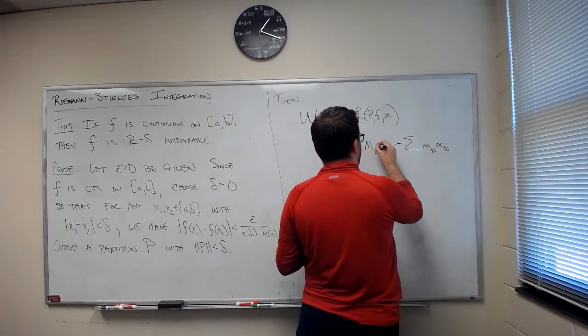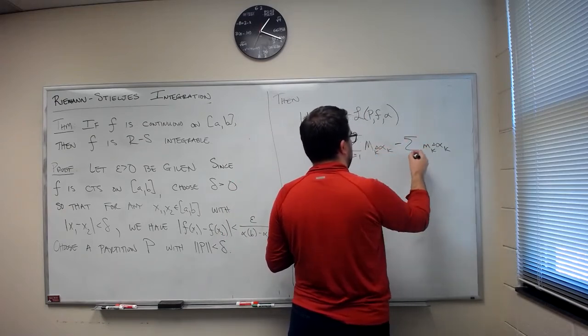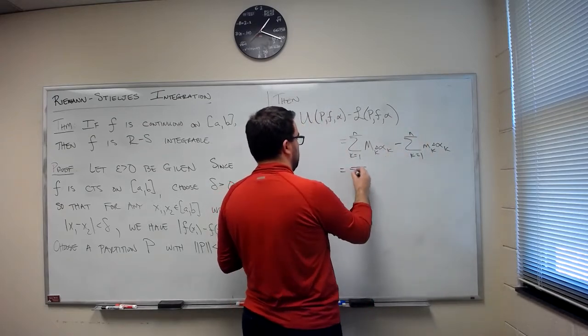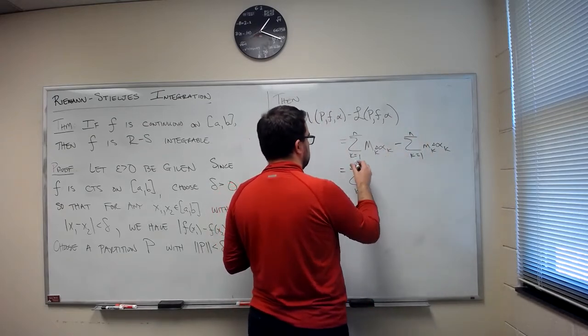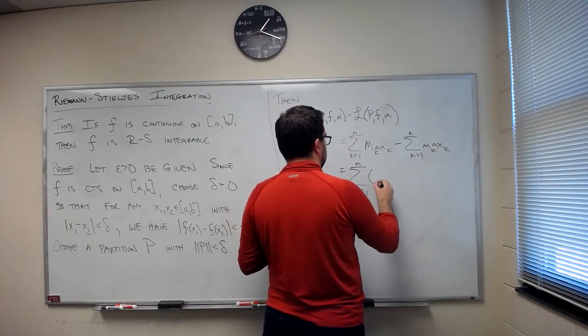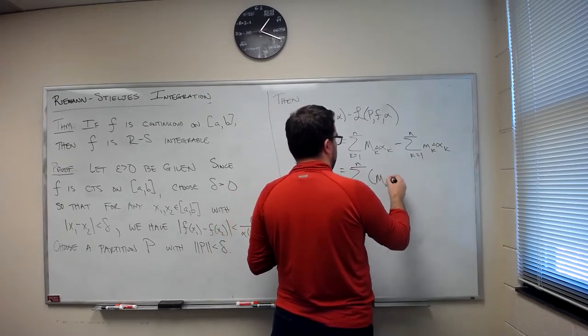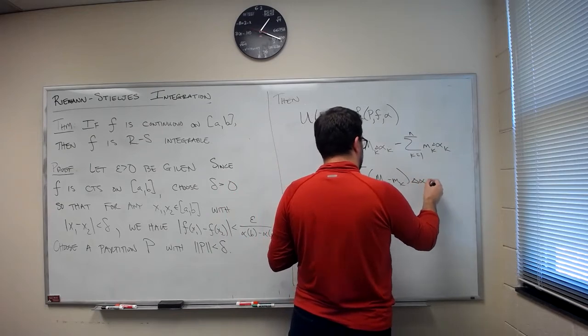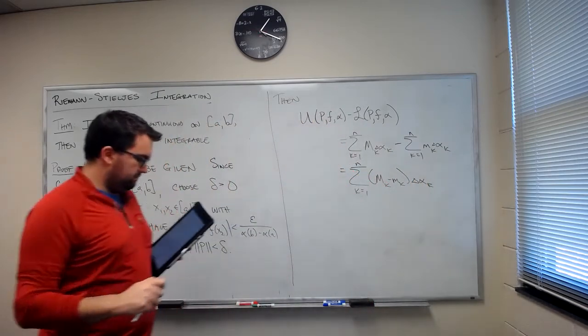Oh, sorry, delta alpha k, delta alpha k. And so I can collapse these: capital M sub k minus little m sub k times delta alpha k.